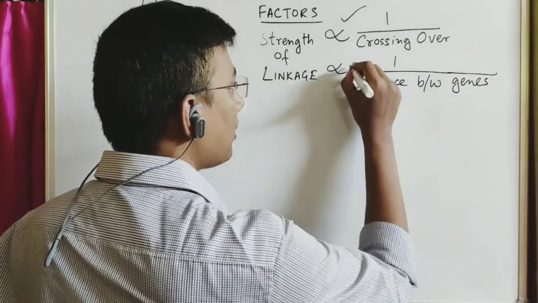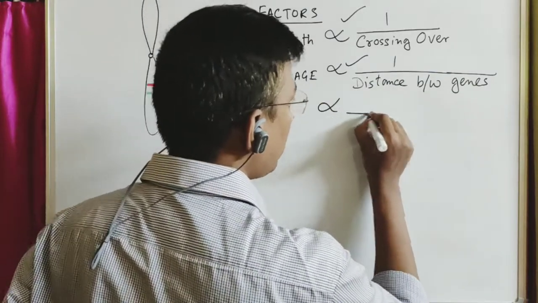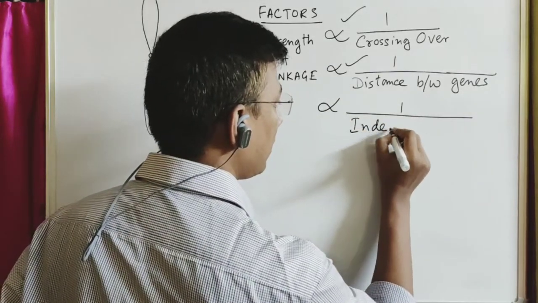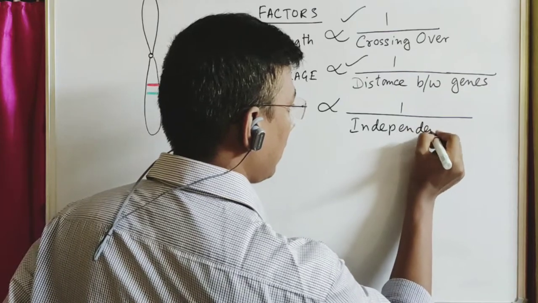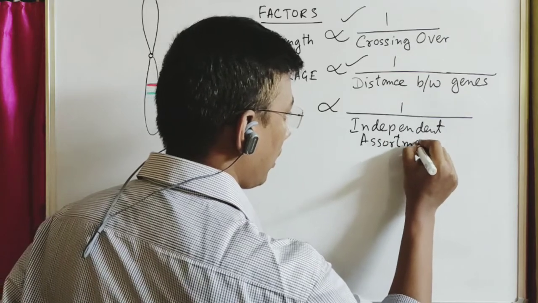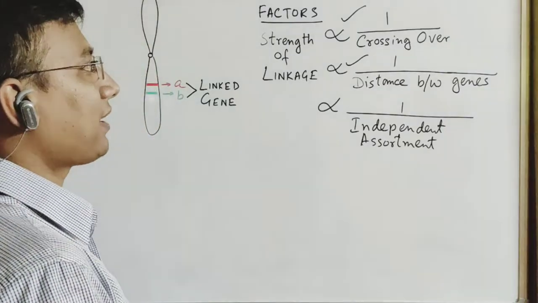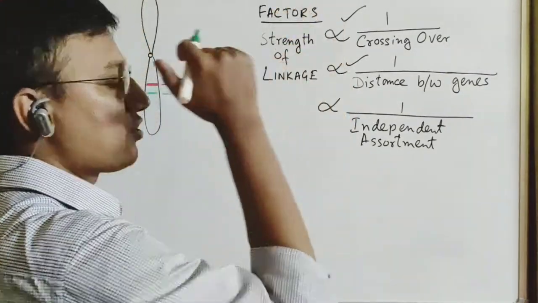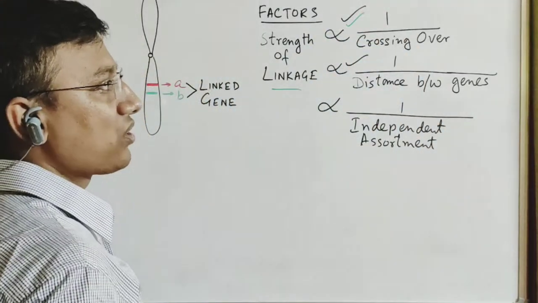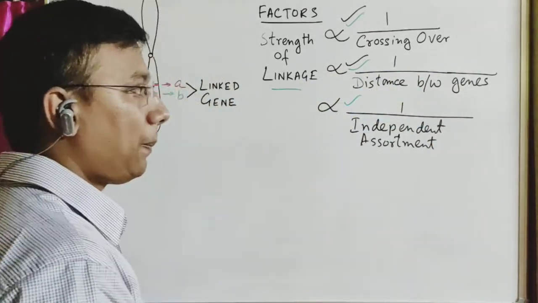And the third factor is proportional to 1 by independent assortment. So here are three factors for the strength of linkage: 1 by crossing over, 1 by distance between genes, and 1 by independent assortment.